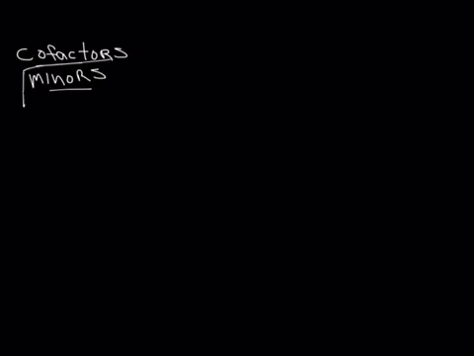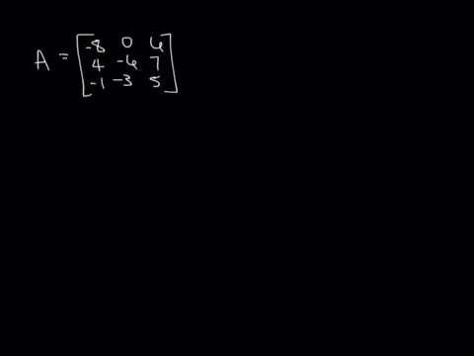So let's start with the minors. Oftentimes we first find our minors and then our cofactors in order to evaluate determinants. So let's go through talking about minors first. Let's look at example 2.